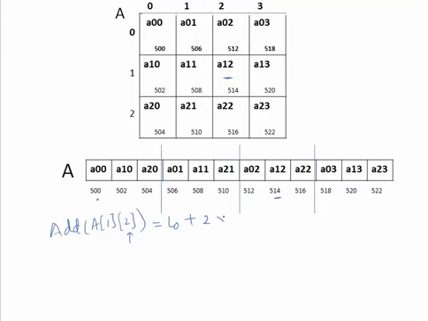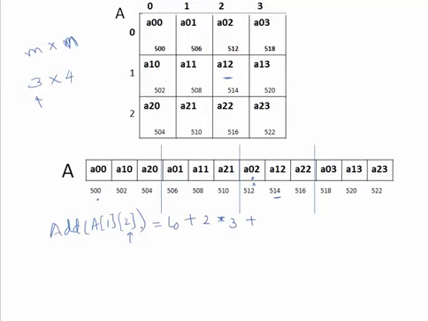As the dimensions are 3 cross 4, that is m cross n, the number of elements in each column is 3. So this is 3 plus. Once we skip two columns, we will be at the beginning of the third column.